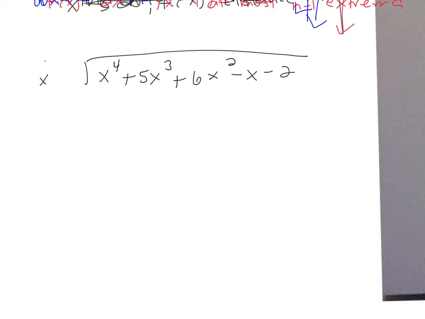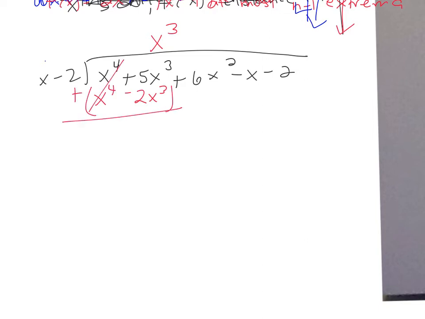6b. So that's x to the 4th plus 5x cubed plus 6x squared minus x minus 2 divided by x minus 2. All right, so x times what is x to the 4th? That's x to the 3rd. Multiply down, we get negative 2x to the 3rd. X to the 4th, subtract.